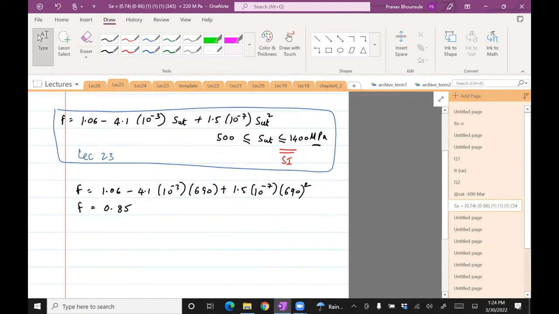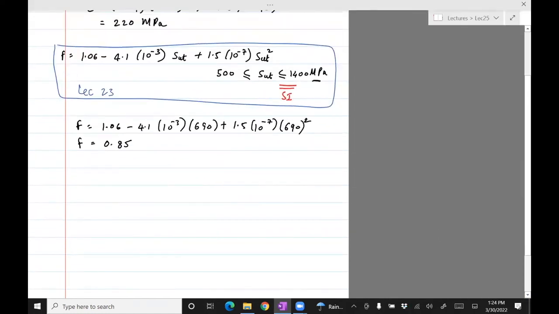Okay, so now we are all set to compute the factors A and B for estimating the life. So A is F SUT squared divided by SE, which is 0.85 times 690, the whole square, divided by 220. The answer is in MPa, 1564 MPa.